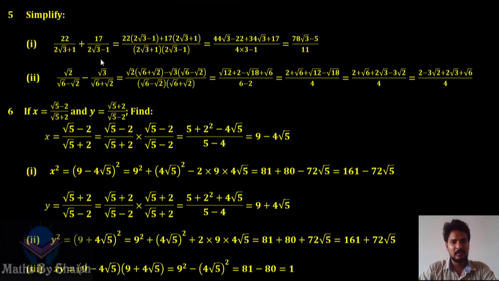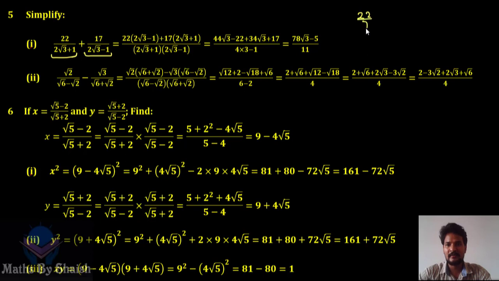Simplify these fractions and find the sum and difference. In this type of question, one type is when the denominators are the rationalizing factors of each other. Here we can see 2 root 3 plus 1 and 2 root 3 minus 1 are the rationalizing factors of each other. So in this case we simply do it like a normal fraction.